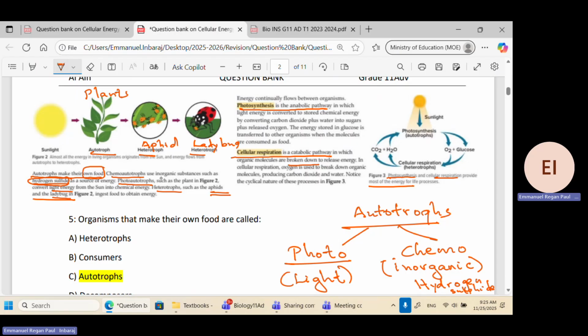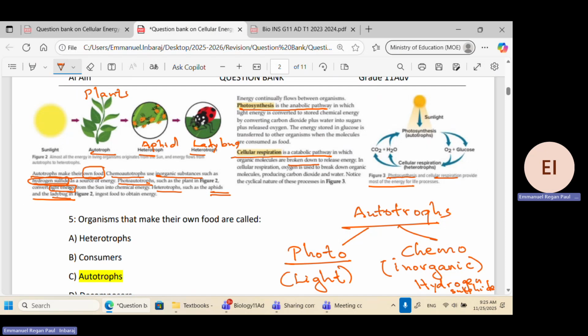So chemoautotrophs use inorganic substances such as hydrogen sulfide as a source of energy. But photoautotrophs use light energy as the source of energy. So keep in mind, there are two types of autotrophs, chemoautotrophs and photoautotrophs. Photoautotrophs use light energy, chemoautotrophs use hydrogen sulfide.